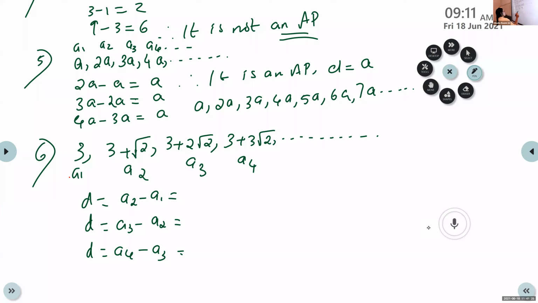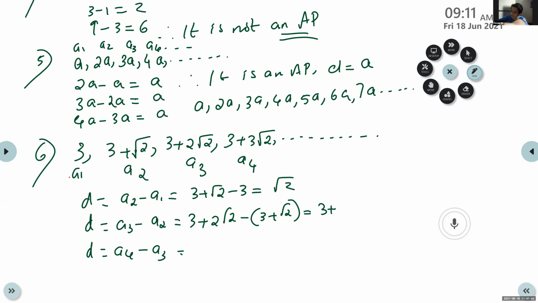So A2 minus A1 means 3 plus root 2 minus 3. Minus 3, is equal to root 2. And A3 minus A2, 3 plus 2 root 2 minus 3 plus root 2, that is 3 plus 2 root 2 minus 3 minus root 2 by removing the bracket. So 3 gets cancelled.